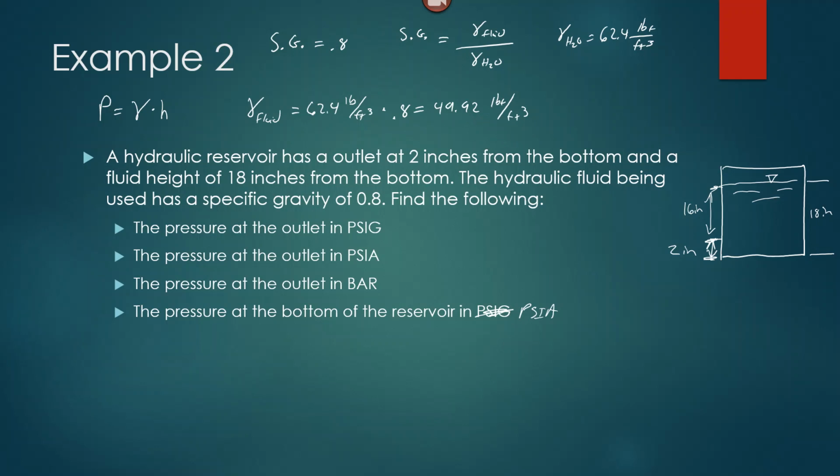Of course, then we need to times that by the height because we want to find the pressure. The height at the outlet is going to be 16 inches.